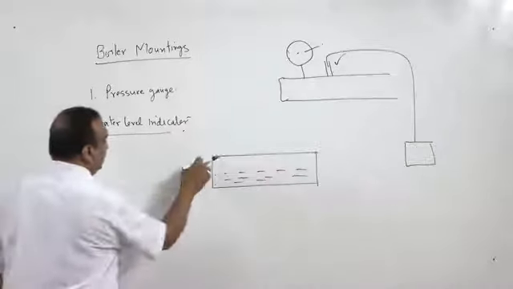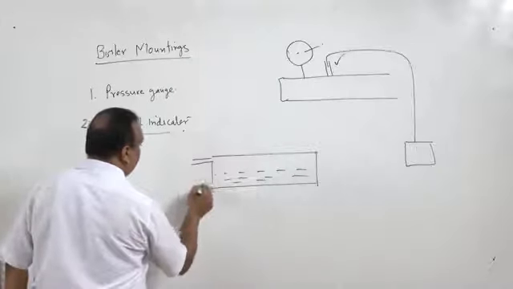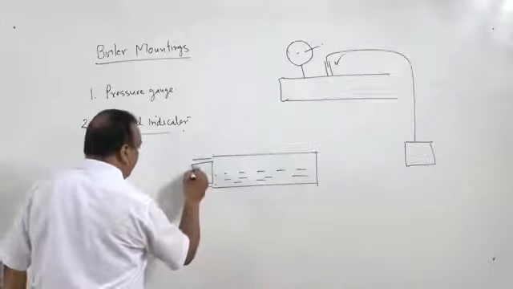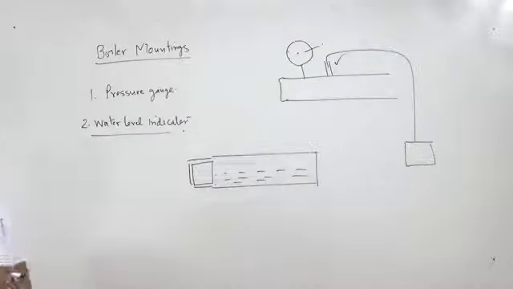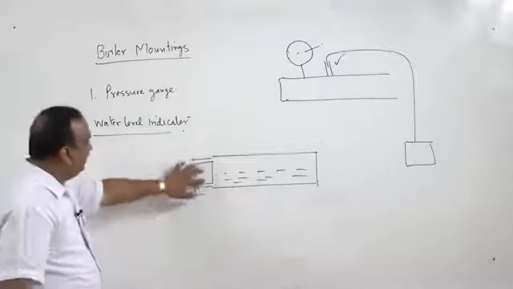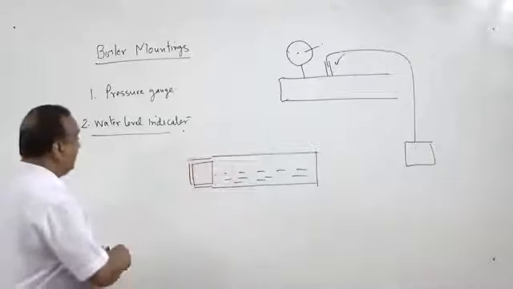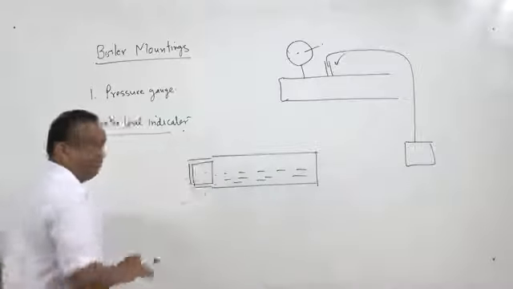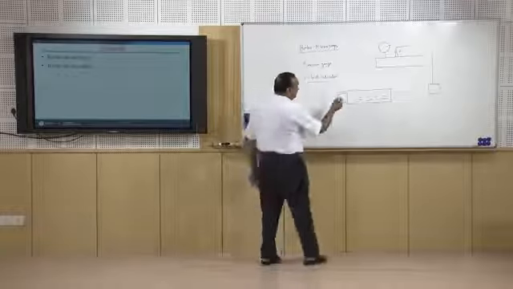A pipe is connected from the top and the bottom, and at the end of the pipe there is a glass tube. I am showing you only a schematic arrangement. In the actual arrangement you will find a valve here; it's not that simple. But here I am giving a schematic representation so that you can understand how a water level indicator works in a system.